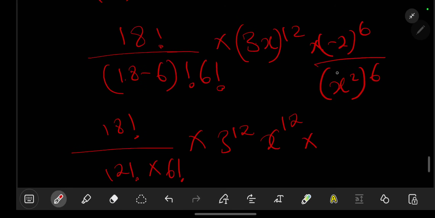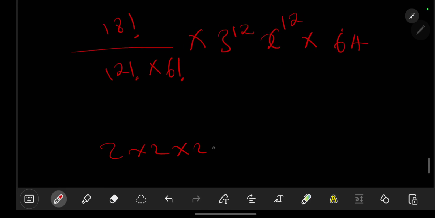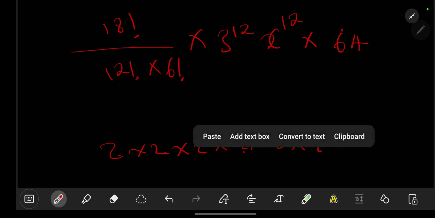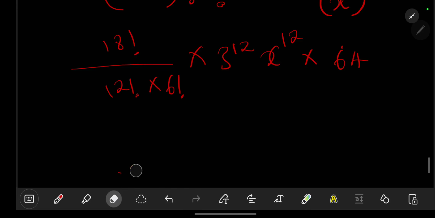Then we have times negative 2 to the power 6. That will be equal to 64 like that, because 2 times 2, that's 4. So 2 times 2 times 2 times 2 times 2 times 2. 2 times 2, 4 times 2, 8 times 2, 16 times 2, 32 times 2, 64. So that's how come we have a 64 there.